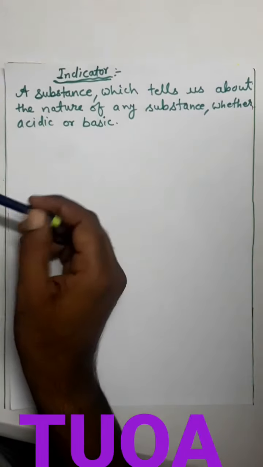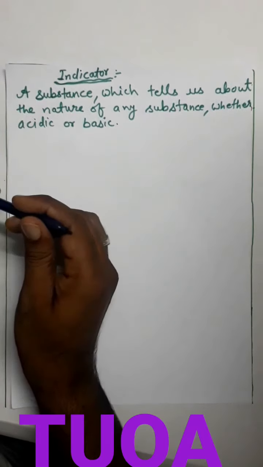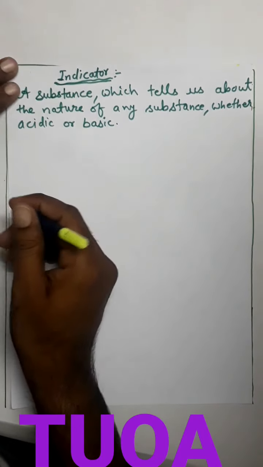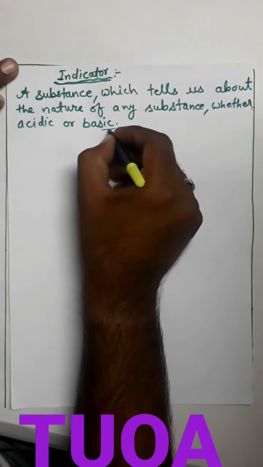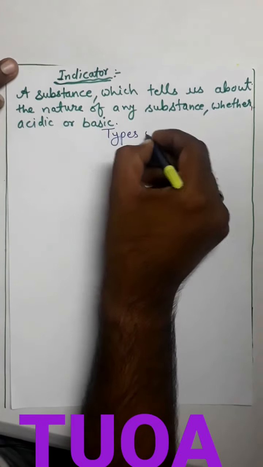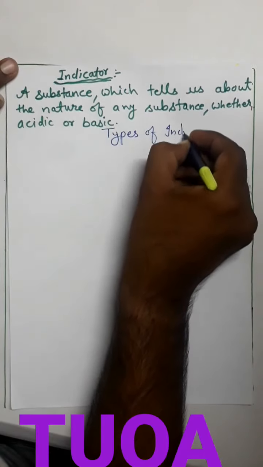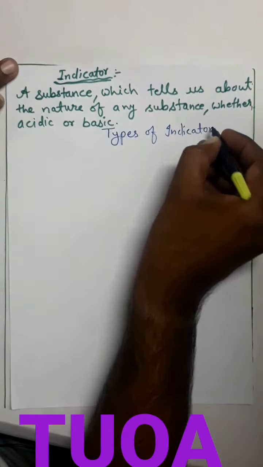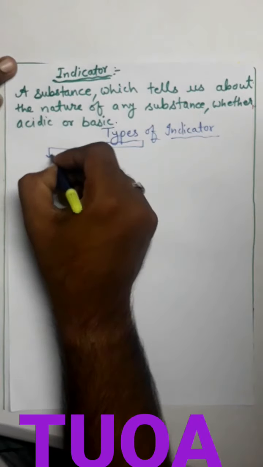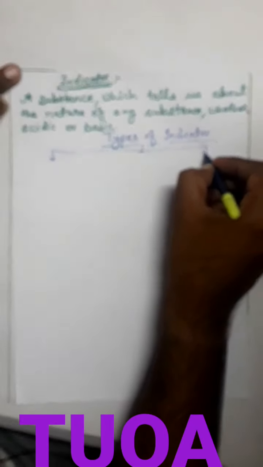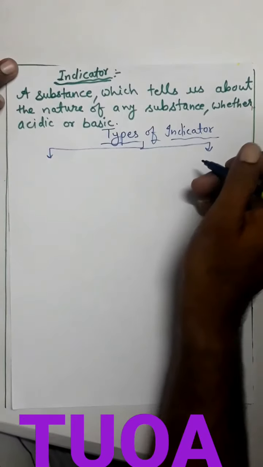Now, if we go for types of indicator, examples we will take in the next paragraph. Types of indicator. Broadly, indicators can be divided into two types.